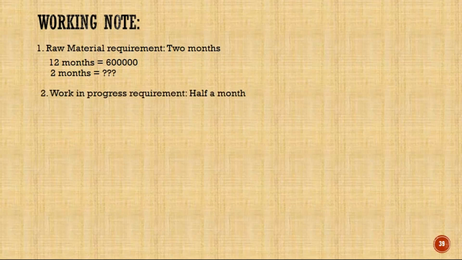And the next is work in progress requirement. Second additional information was concerned with work in progress requirement, and that is only for half a month. So how to calculate this work in progress requirement? The work in progress requirement is based on all the three components, that is material, labor, and overhead.